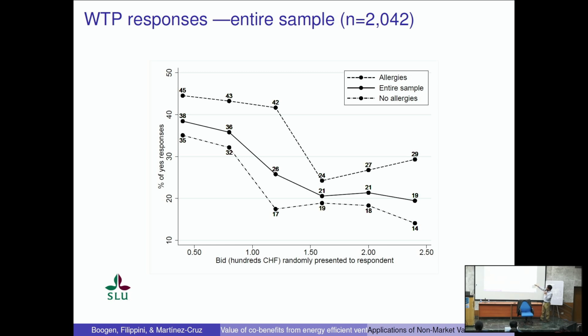Ideally, we would have wanted to have at least 80% yes on the very left. But we just get 40%. Yeah, exactly, because the lowest bid that we presented was 50 CHFs.